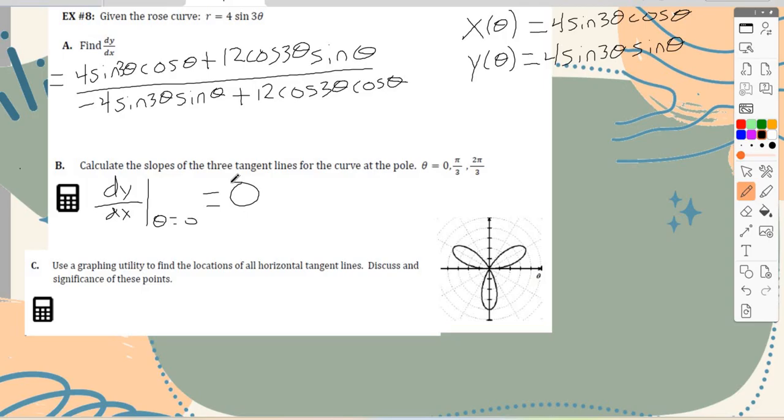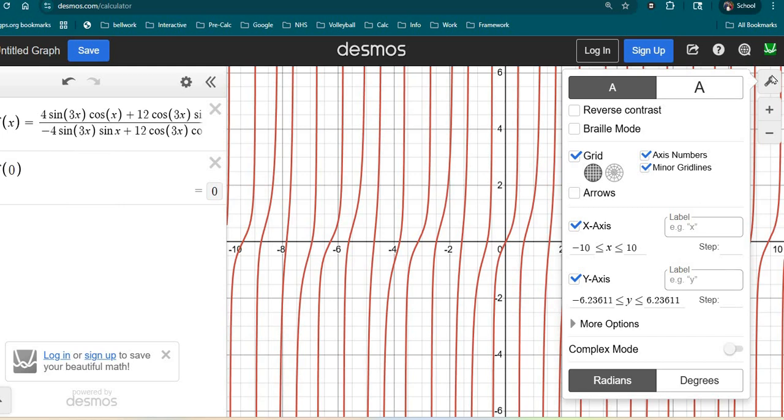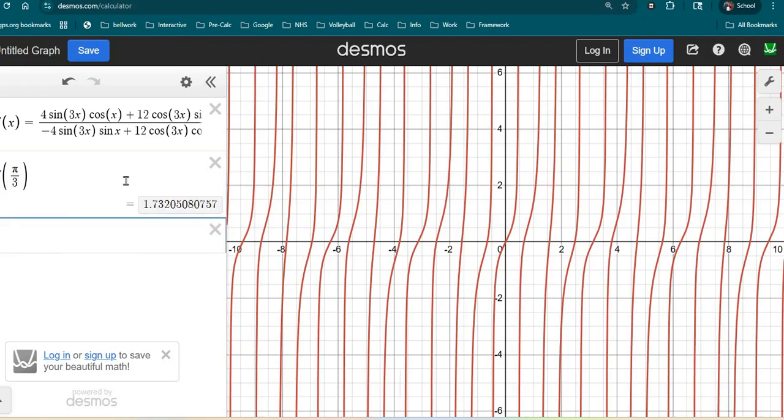For the second one, what do we need to make sure though? Yep, which I am. Default is radians, so we're okay there. So I'm looking at pi divided by 3. Does anyone know what that is? You should know if you had seen it in your calculator enough, right?